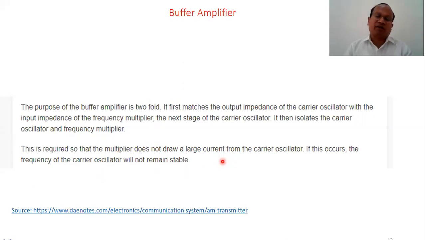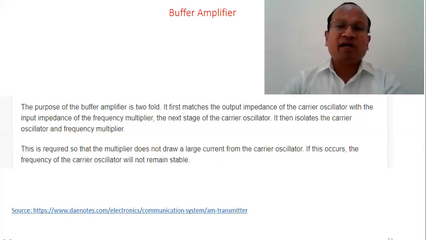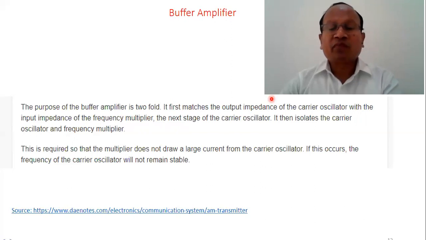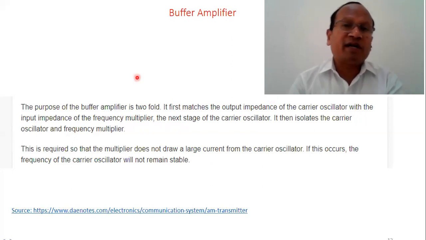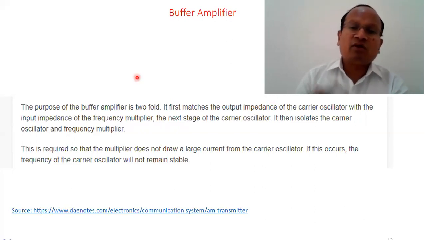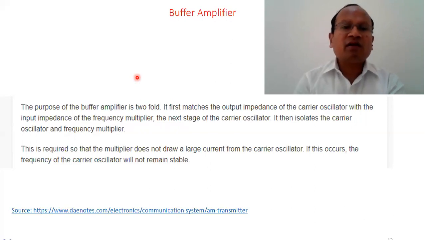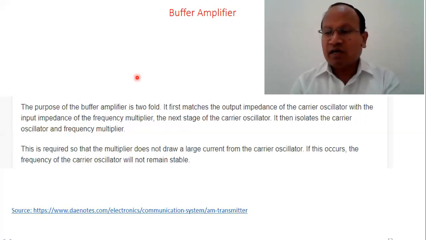That is very important. Why is matching needed? Why is impedance matching very important in other applications like transmission lines? This is a very important term, impedance matching. The main reason is, suppose there is no proper impedance matching, what will happen? An extremely large amount of current may be drawn from the first device and given to the second device.